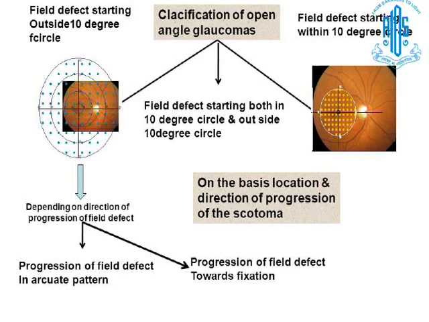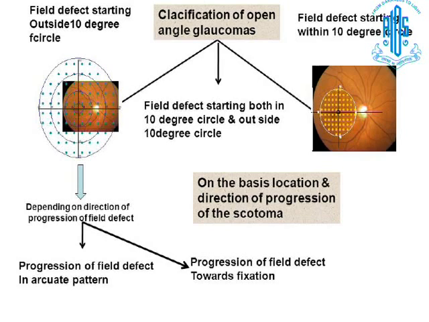But this time my concept is that we classify on the basis of visual field and field defect, where exactly the field defect is starting and how it is progressing. The field defect may start outside 10 degrees, within 10 degrees, or simultaneously in both 10-2 and 30-2.